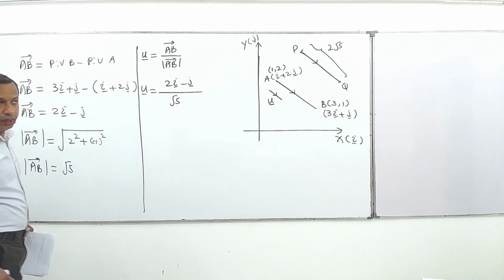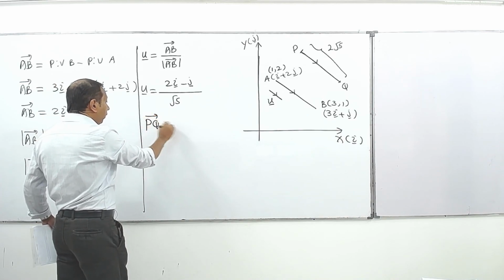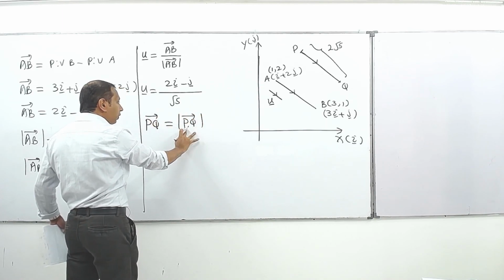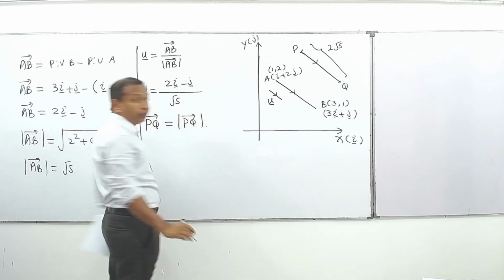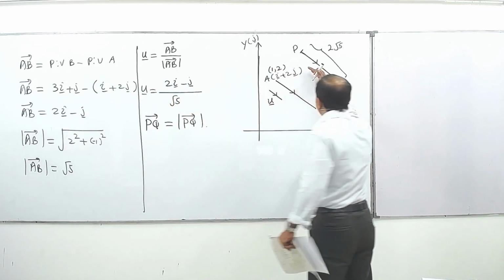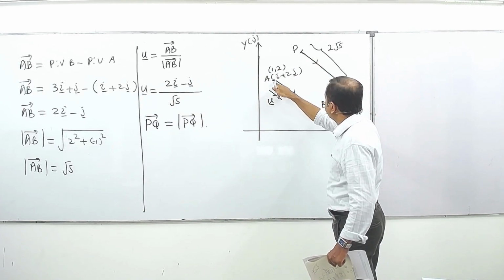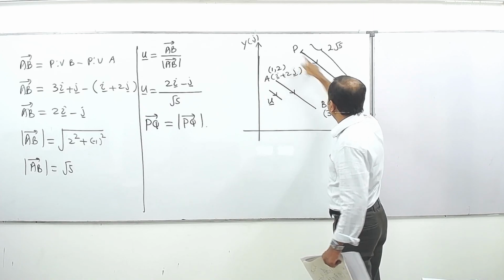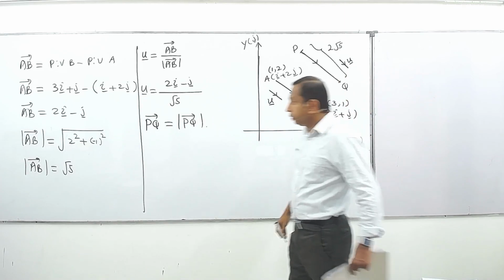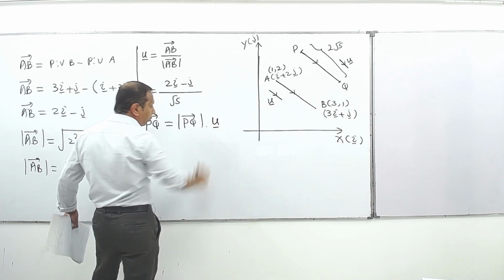Right. Now people we can write PQ vector. How to write a vector? We usually write its modulus multiplied by unit vector in the direction of that vector PQ. We are given, people, this PQ vector is acting in the direction A to B. Therefore, in the direction P to Q, that direction also the unit vector is U. So PQ vector, its modulus multiplied by U, we have to write.